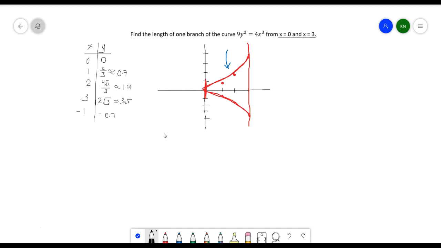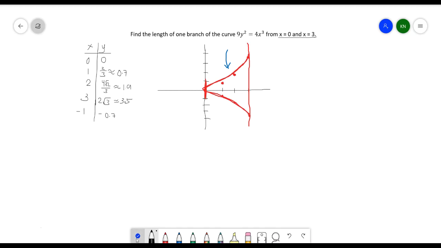Now, continuing to our solution, we know that we can use either x or y from here, but since the given limit is x, we'll just use the first equation.